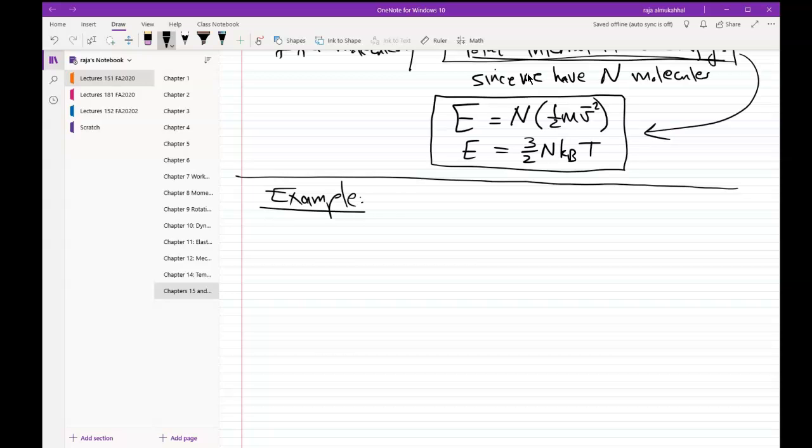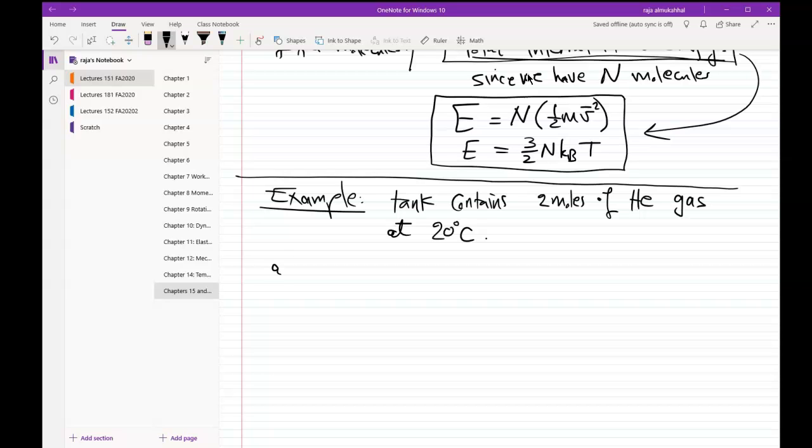So let's say I have a tank that contains 2 moles of helium gas at 20 degrees Celsius. There are 2 questions.